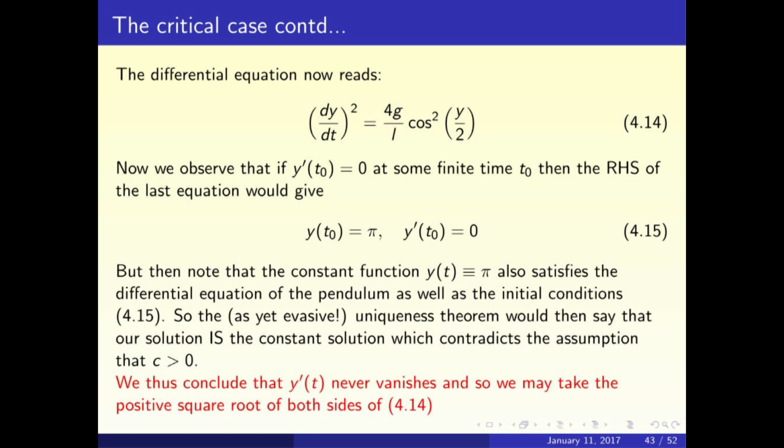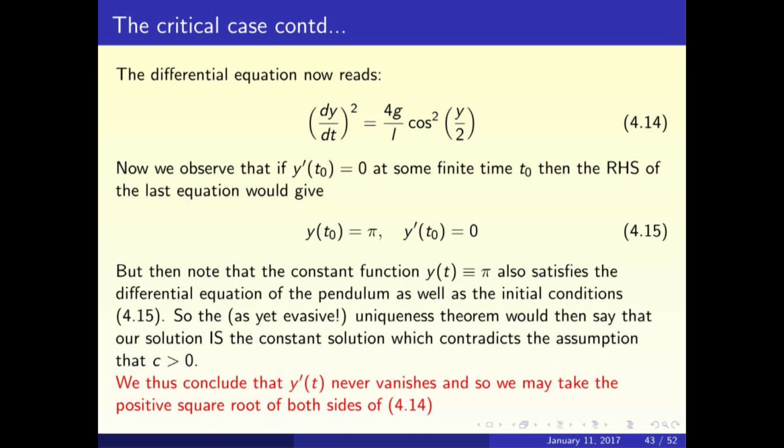Now, observe that if y prime of t naught equals 0 at some finite time t naught, the right hand side of the last equation will give you that y of t naught must be pi and y prime of t naught must be 0. But notice that the constant function y of t identically pi also satisfies the pendulum equation and it also satisfies the initial conditions 4.15.